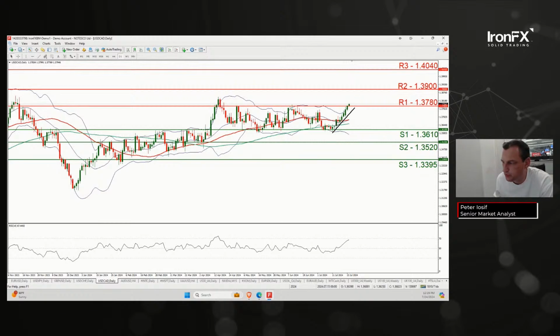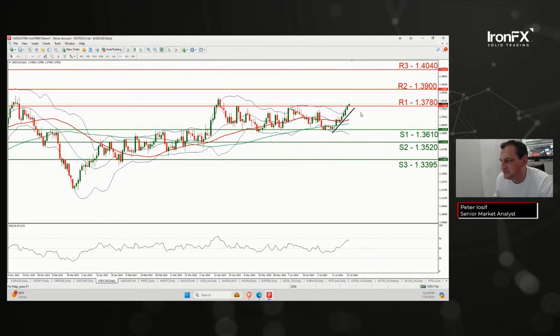And to tell you the truth, the correction or the stabilization of the pair right here may have been also a result of the intense upward movement the previous day. So overall, the bullish sentiment seems to be maintained. I would say that it intensifies, and it would be more evident if we look at the RSI indicator just below the daily chart, as it is nearing the reading of 70.